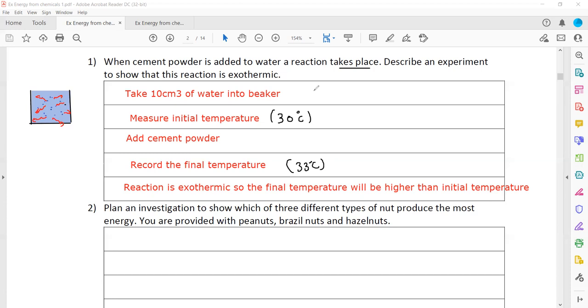So whenever the reaction is exothermic, it releases energy, so the temperature of the water, if a substance is present in water, will increase. Any doubt in this part? Is it clear to everyone? The first experiment.